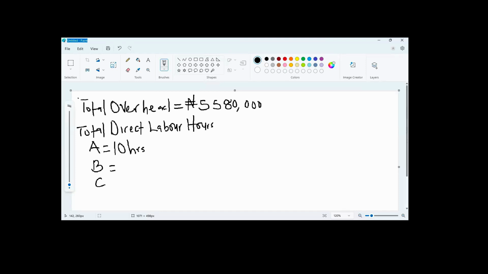For product B, to produce a unit, we require 8 hours of labor. For product C, to produce a unit, we require 9 hours of labor. Is that not so? Yes, sir. Now go back again.